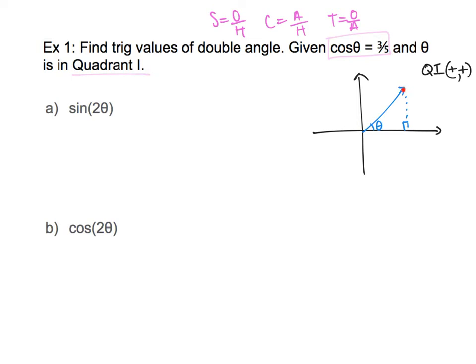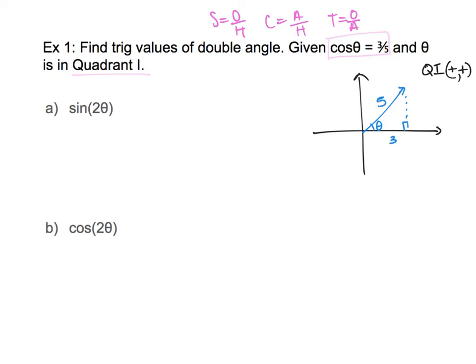So I've made my angle, and I don't know what this angle is, but I know that cosine is 3 over 5, so that means this 3 here is the adjacent side, and this side has to be the hypotenuse, which is 5.